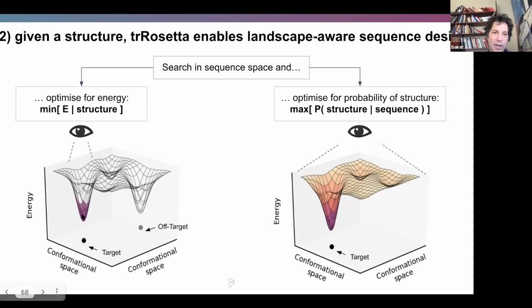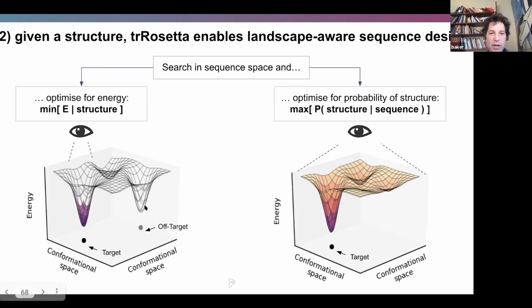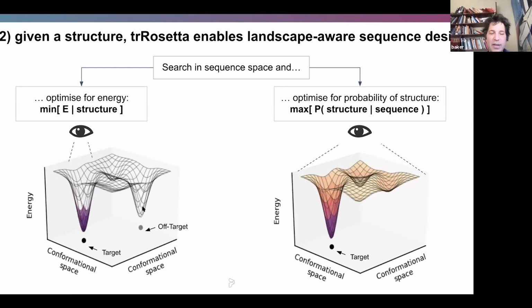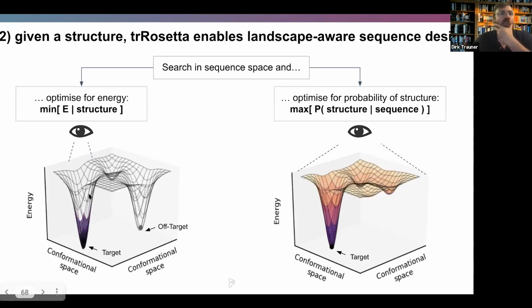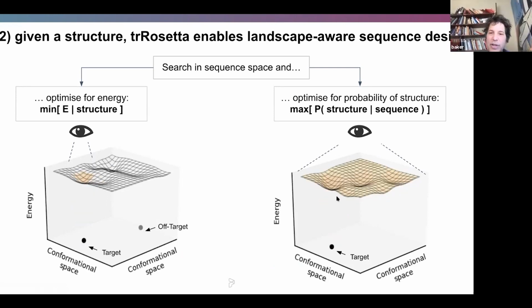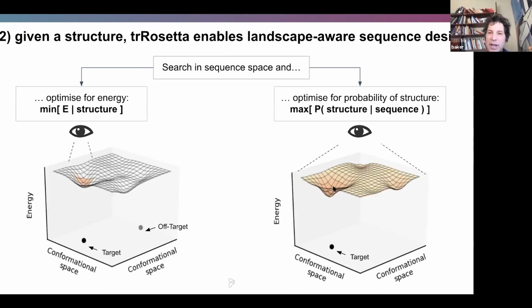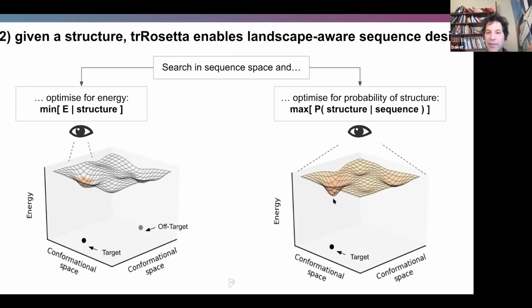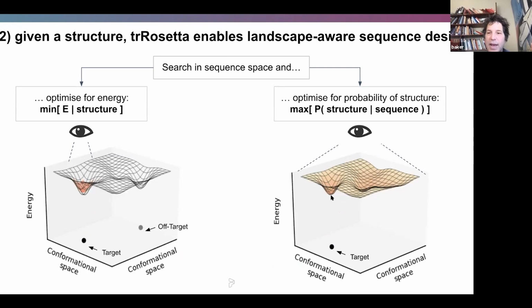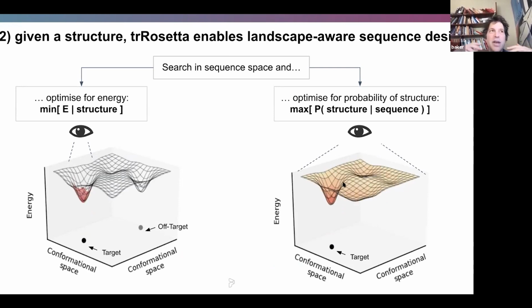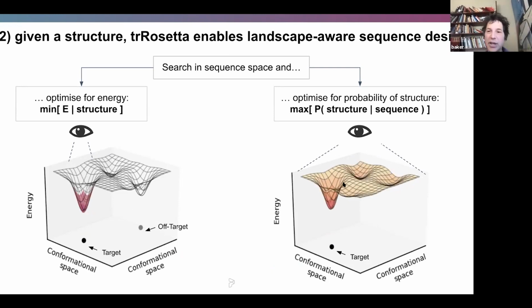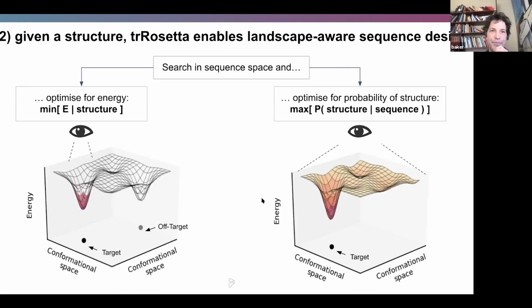But there could have been off-target structures that were competing that we didn't know about till the end of the day when we tried to search the landscape. But with this approach I'm describing, we can explicitly maximize the probability of the desired structure as opposed to other possible structures, because we're essentially using the network to predict a probability distribution over all possible structures.